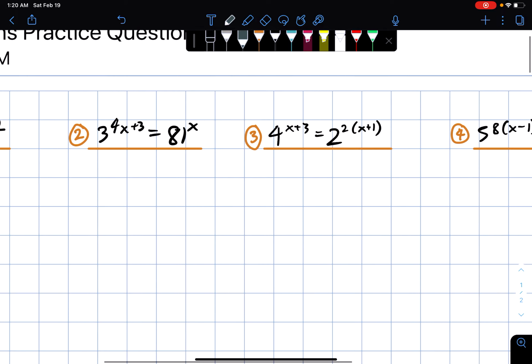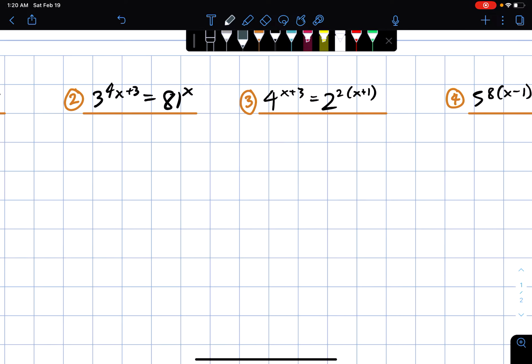Now, for number 2, we have bases 3 and 81. I think we could all agree on the fact that 81 can be divided by 3 multiple times.